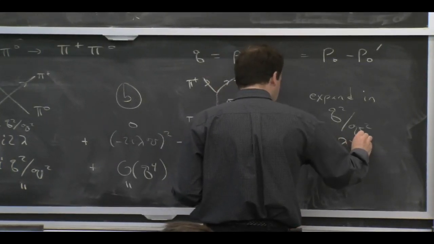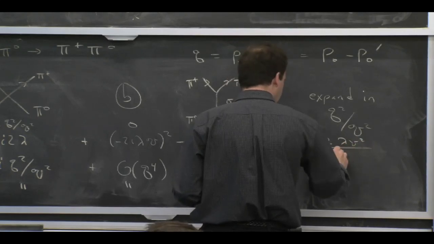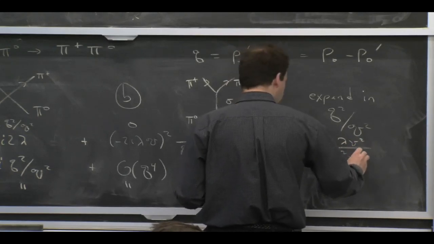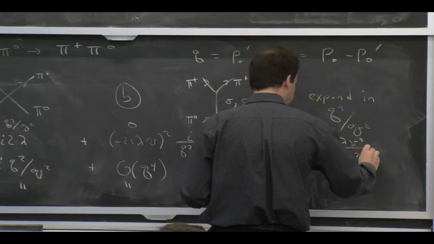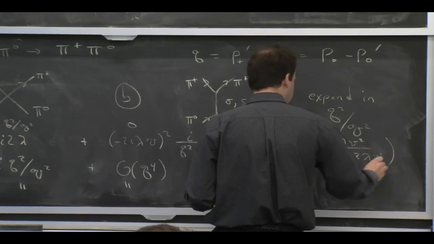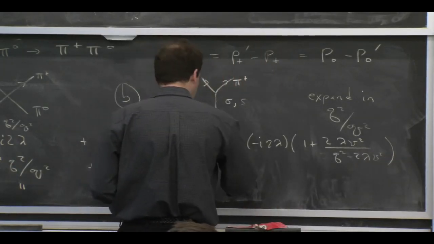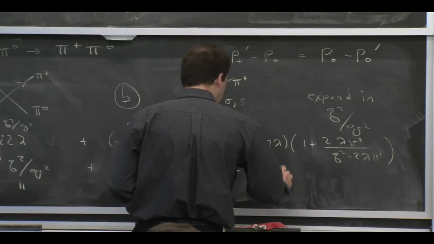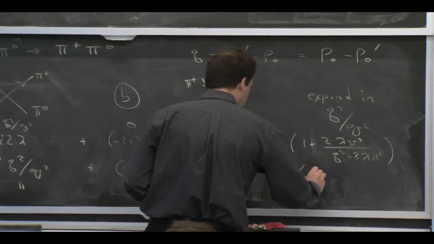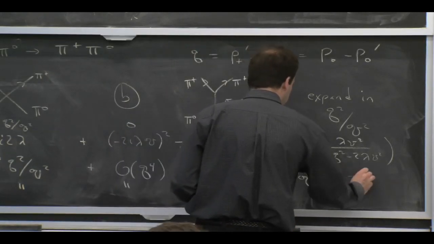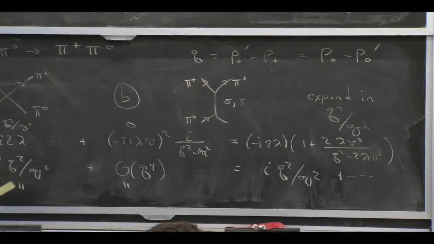So just rearrange it, put in the relation between mass and coupling and VEV, and expand, and you get iQ squared over V squared as well. Okay, so if I stop at order Q squared, all versions give the same thing.